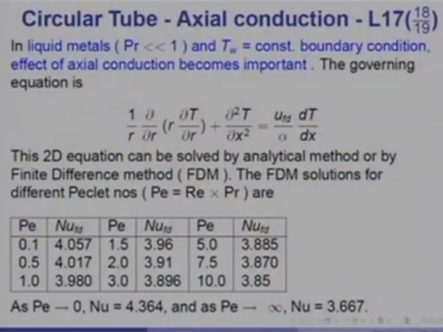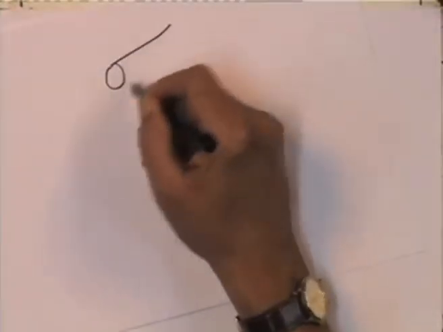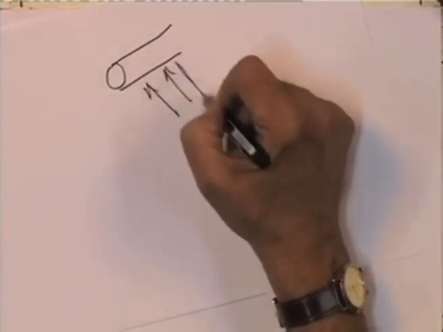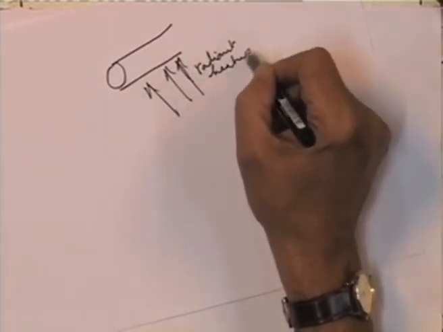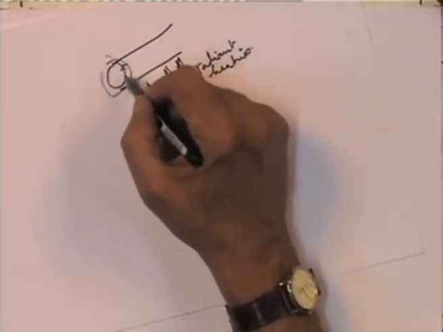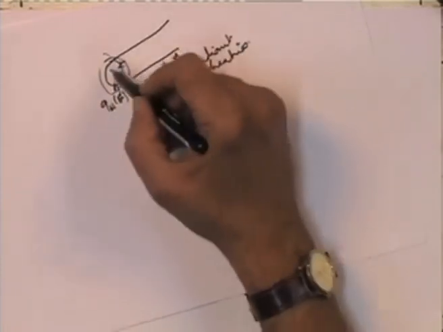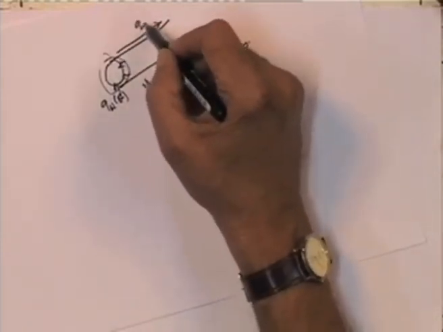There is yet another case of considerable interest which you might like to know. And this is the case of a tube which may be receiving, let us say, radiant heating. Then clearly around the circumference it will have a variable heat flux Q wall theta, although actually Q bar will be constant.